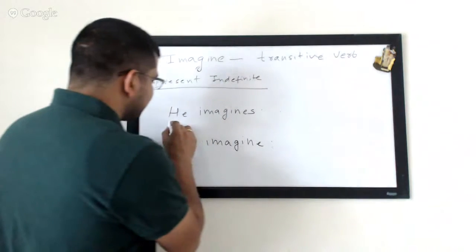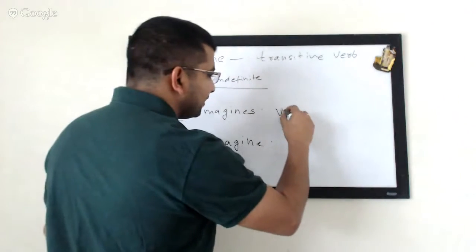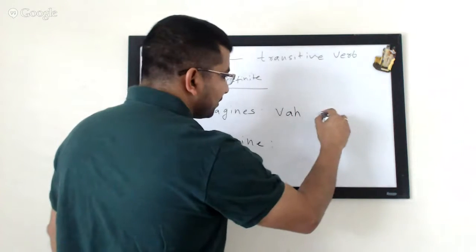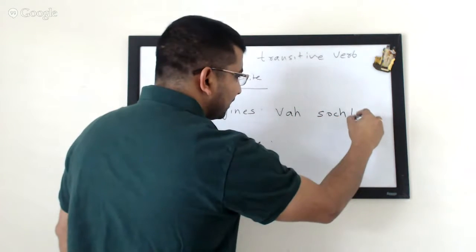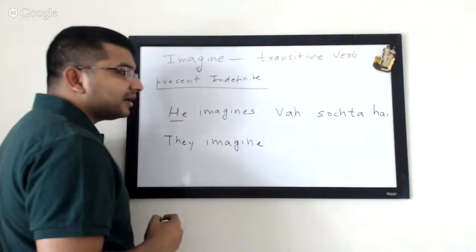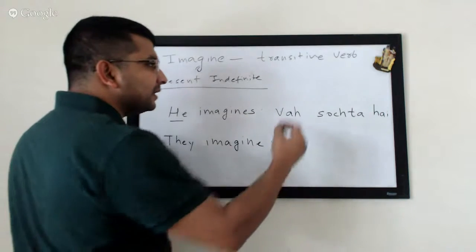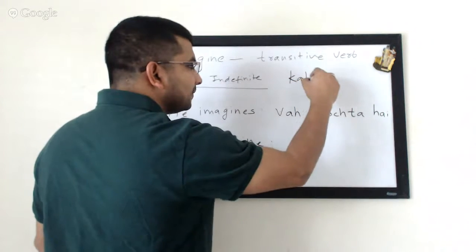It's because वह is a male here. He is a male here. It will be वह सोचता है और वह कल्पना करता है because there was another word that we learned, kalpana karna.